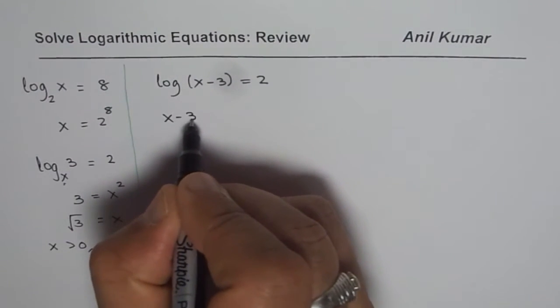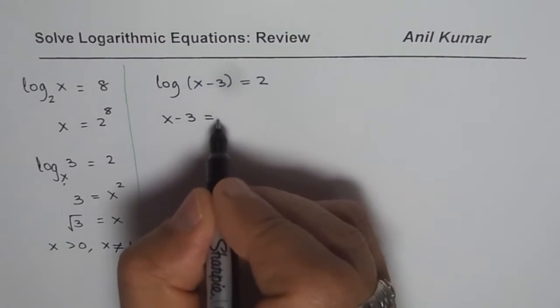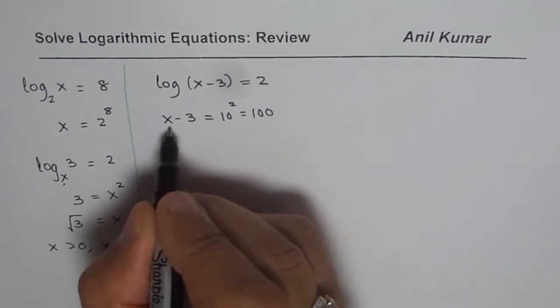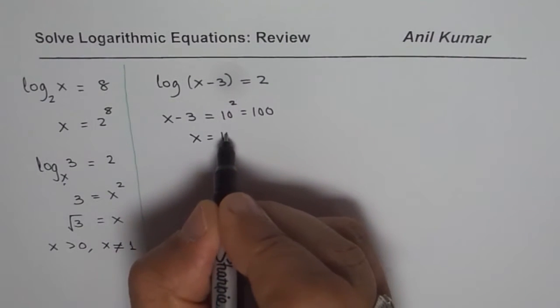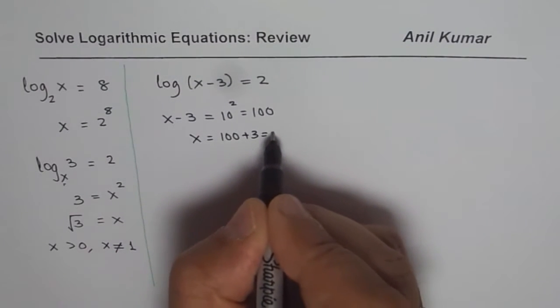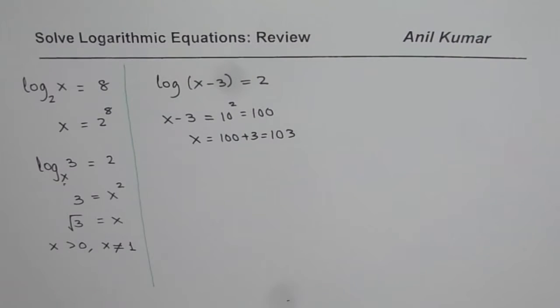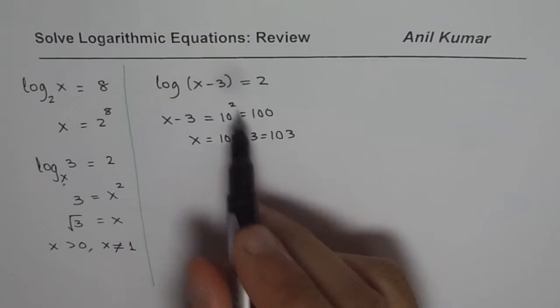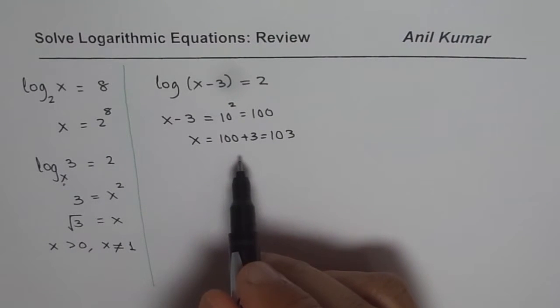So x minus 3 is equal to 10 to the power of 2, which is 100. So I get my value of x, which is 100 plus 3, or 103, correct? So we can find solutions to logarithmic equations like this using this kind of formula.